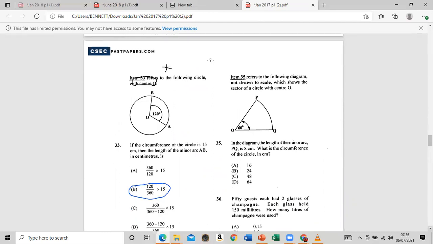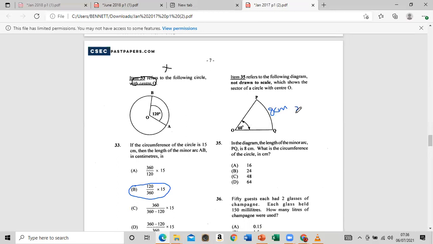Alright, 35. In the diagram, the length of the minor arc PQ is 8 centimeters. So I'm going to just put in that. Guys, write on the paper all the information, right? What is the circumference? So basically what they're saying is that 60 degrees is equal to 8. For every 60 degrees, you're going to get 8, right?